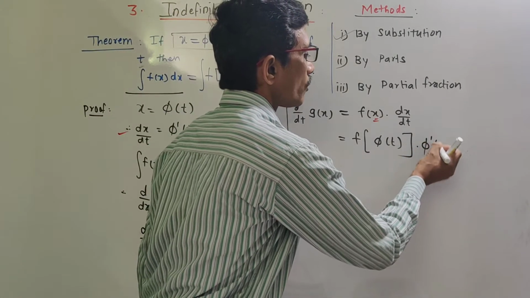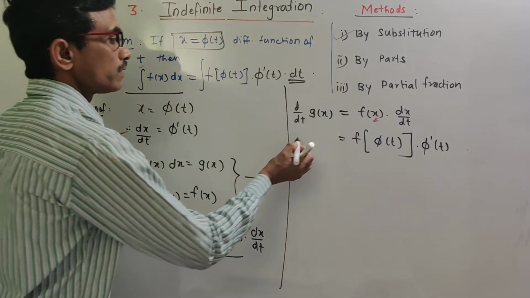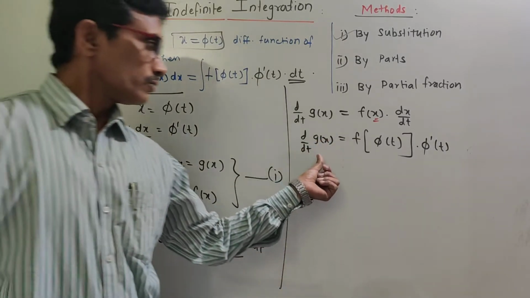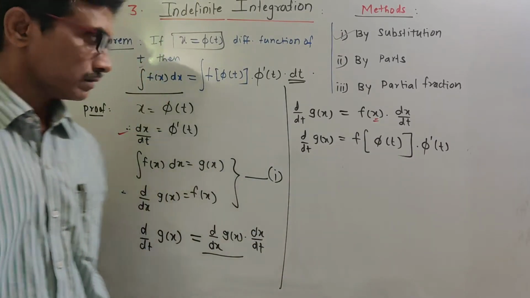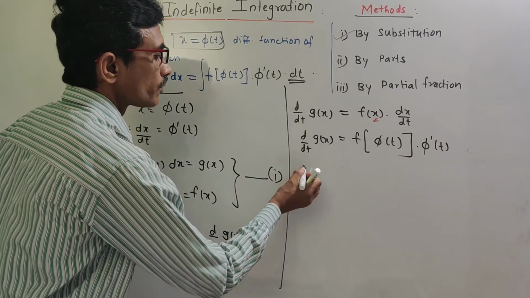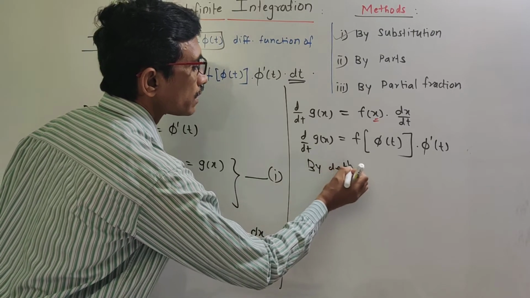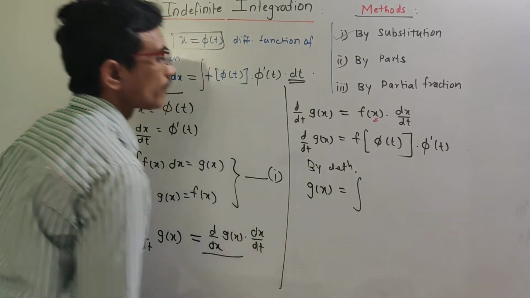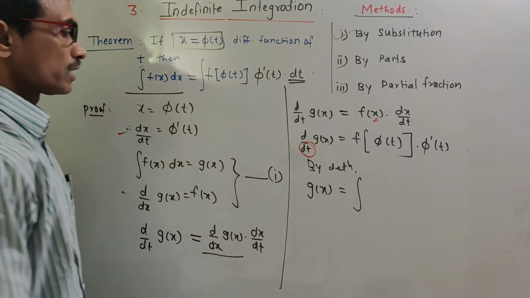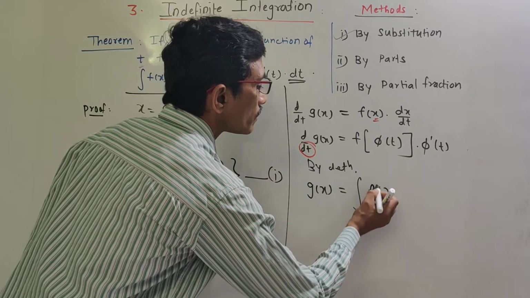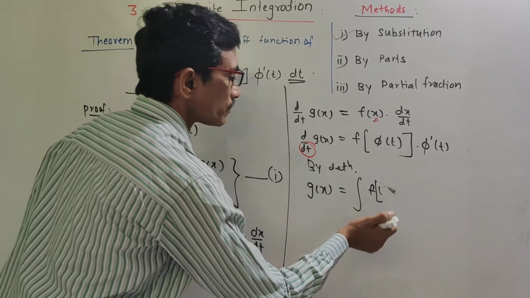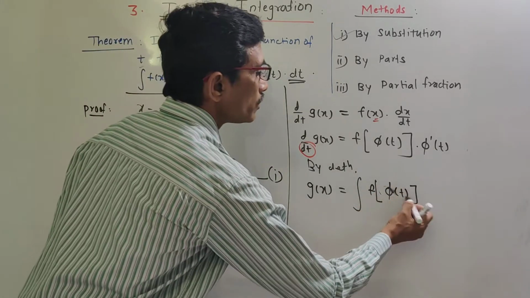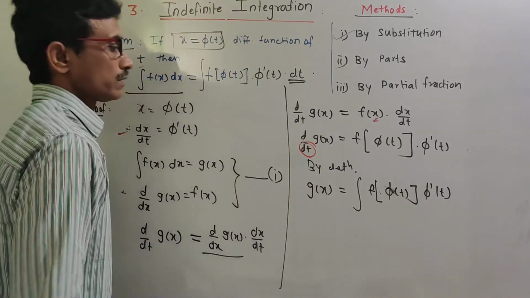So d/dt of g of x is f of phi of t into phi dash of t. Then by the definition of indefinite integral, g of x is equal to the integration of f of phi of t into phi dash of t into dt.